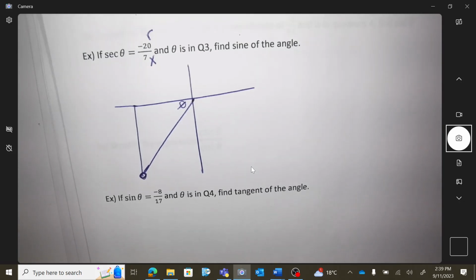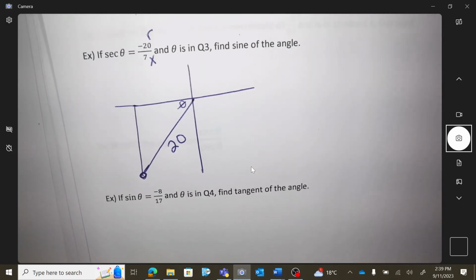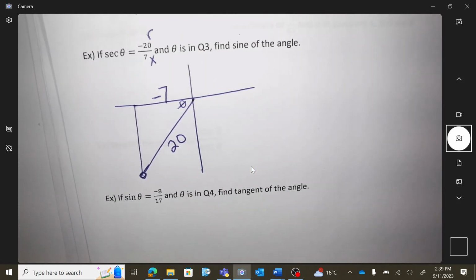Secant is an R divided by an X. Okay, this does not make sense. I can't have a radius of negative 20. So I'm going to put 20 there. Are you okay to understand the negative is actually on the 7 because it's an X value over there to the left?